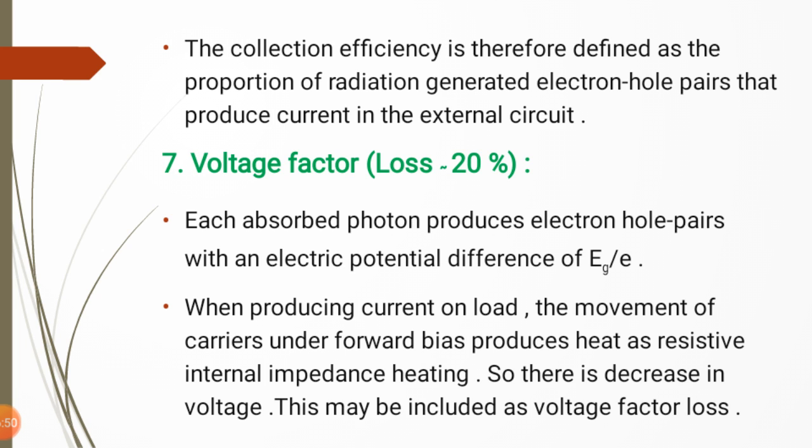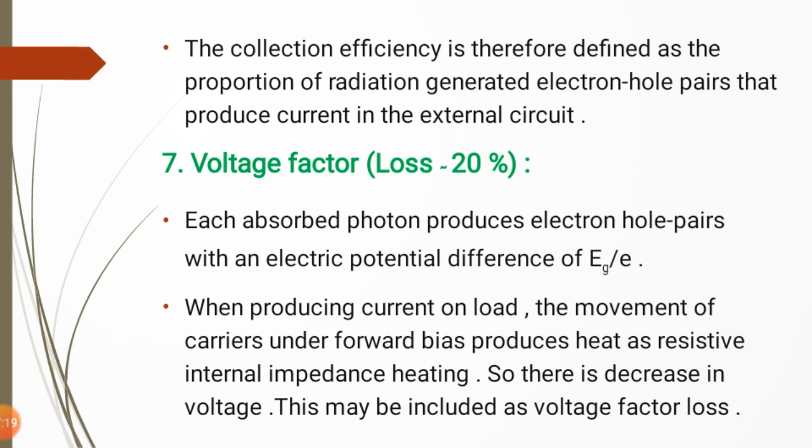On the electron there is a negative charge, and on the hole the charge is opposite in polarity, but the magnitude is the same. So e is the same for both electrons and holes. So Eg upon e is the electric potential difference. That means each absorbed photon produces an electron hole pair with an electric potential difference of Eg by e.